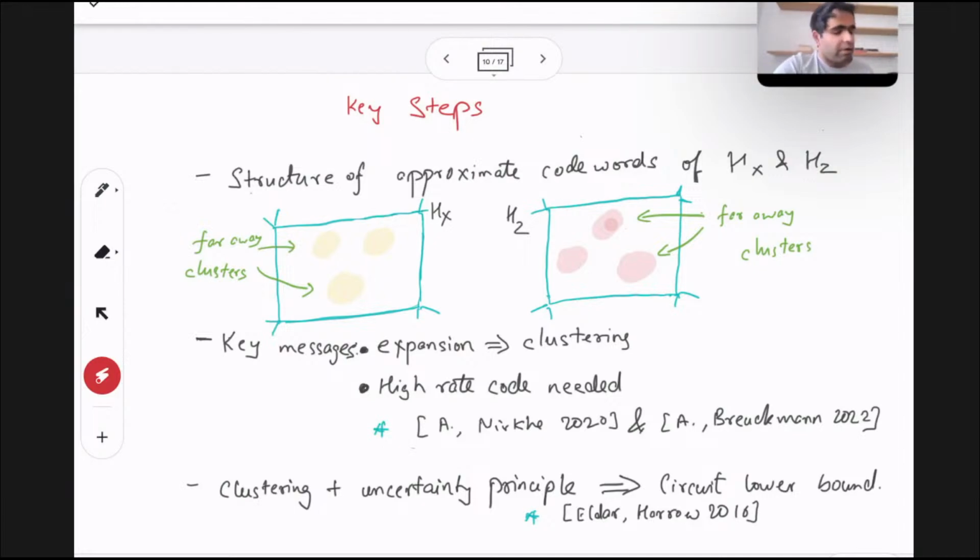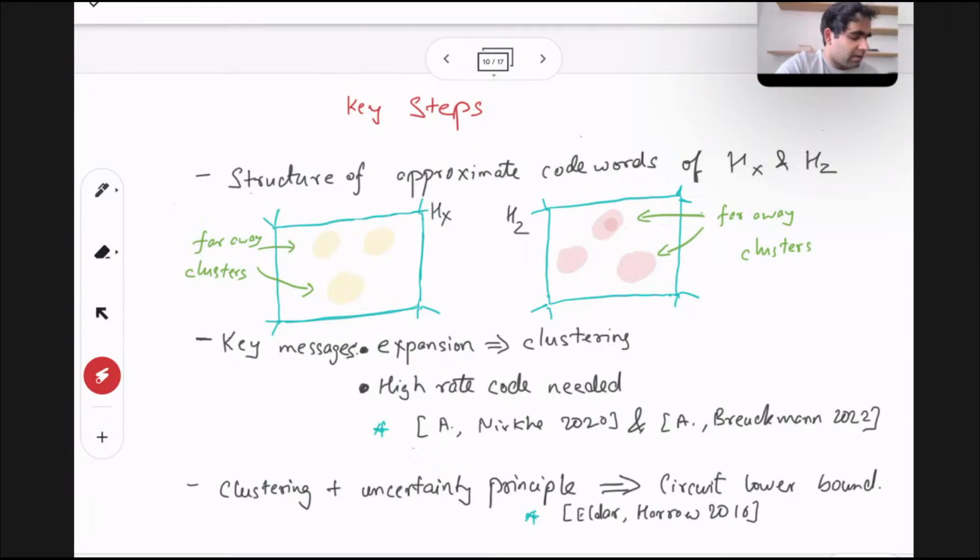And a quick remark, for those who are already working in this area, but not necessarily for the purpose of this talk, is that we need high rate quantum codes for this result, which in fact is one of the two main points here.